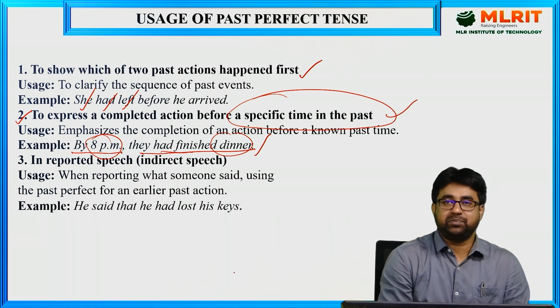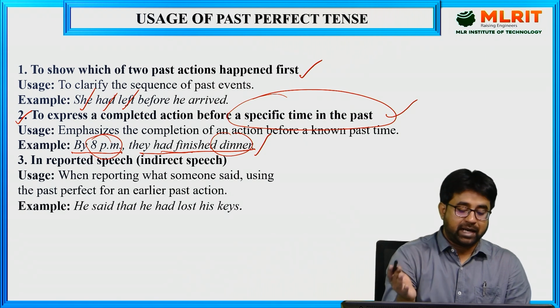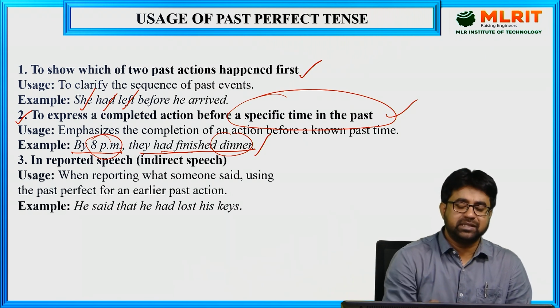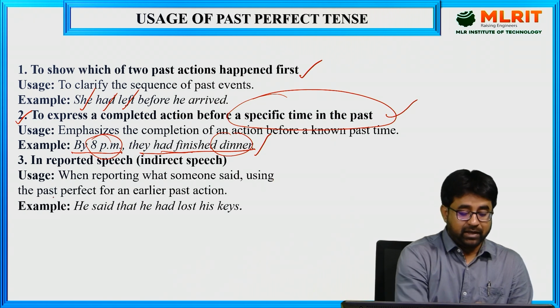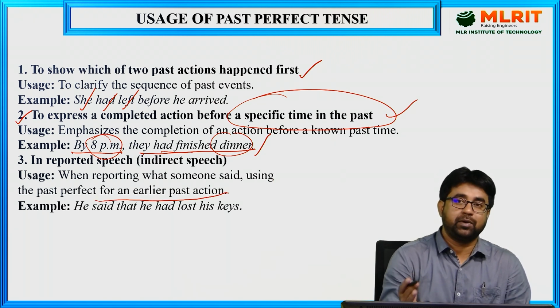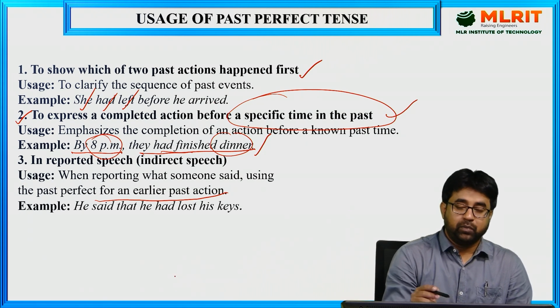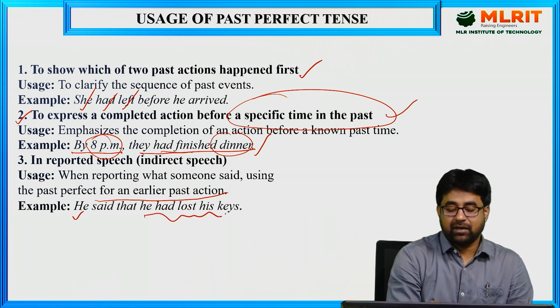In reported speech, so if you remember narration change, right? Indirect to direct and all. In those cases also we use this past perfect tense frequently, when reporting what someone said, using the past perfect for an earlier past action. So if I'm talking about an earlier past action, we use this past perfect tense. He said that he had lost his keys.